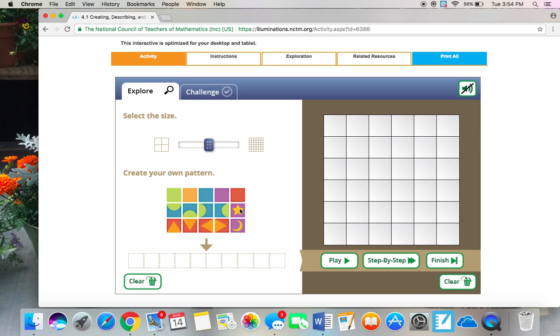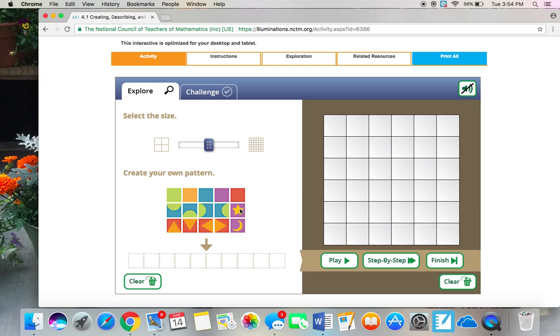So if I want to have a pattern whose 18th tile is green, now I'm going to start reasoning. Well, maybe my 6th place in my pattern should be green, and every 6th piece will be green. Or you could do every 3rd piece will be green, however the students decide to set this up.